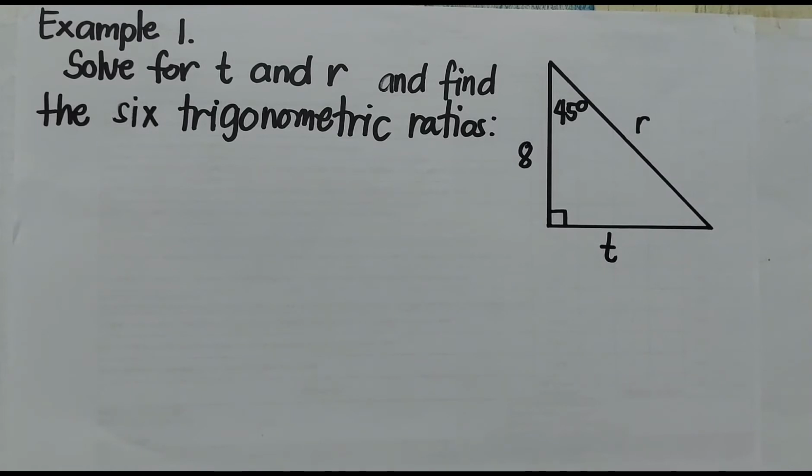Example number 1. Given there, a 45-45-90 degrees right triangle, you're going to solve for T and R. And at the same time, you're going to find the 6 trigonometric ratios.